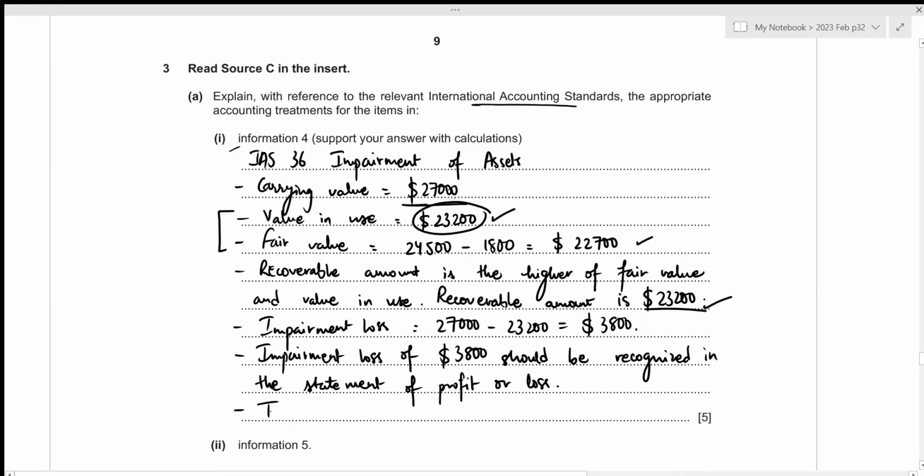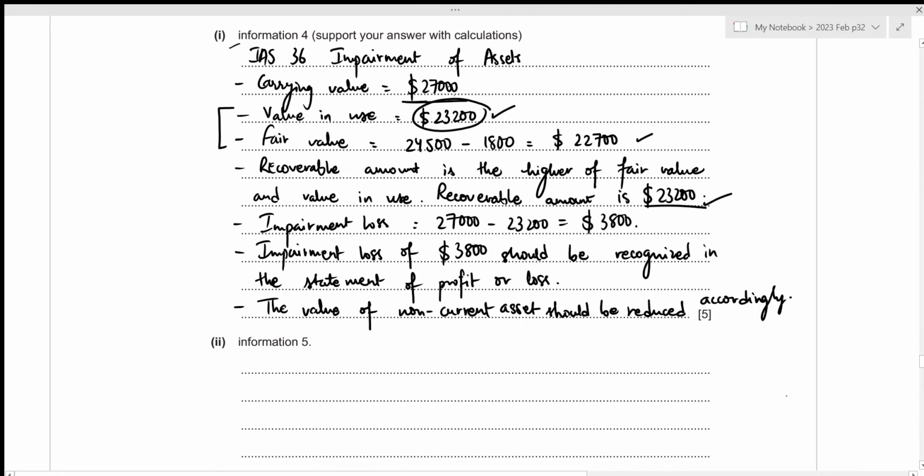So the value of non-current asset should be reduced accordingly. Okay, that's all for information 4. Now we just need to repeat the same process for information 5. Let's have a look above.